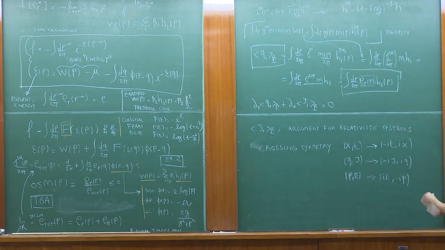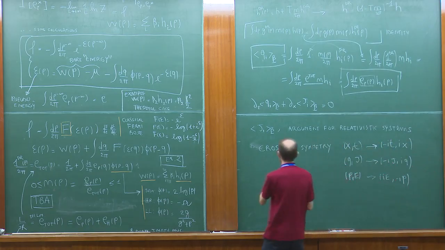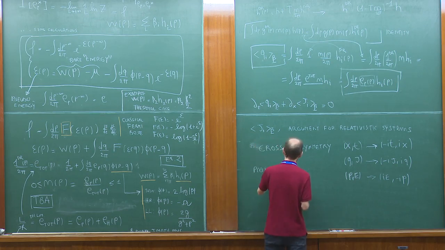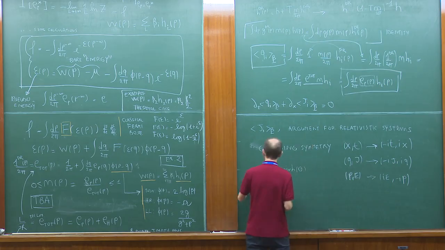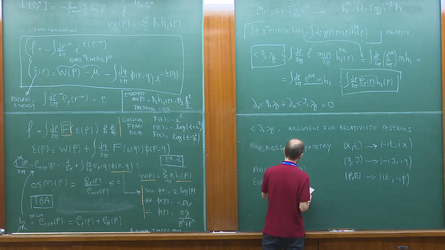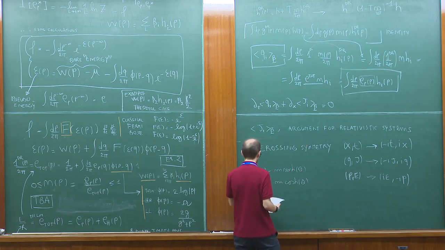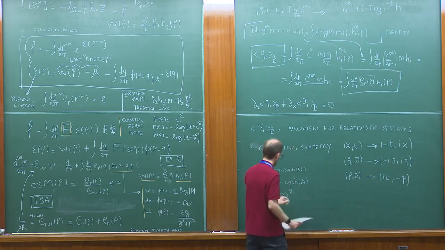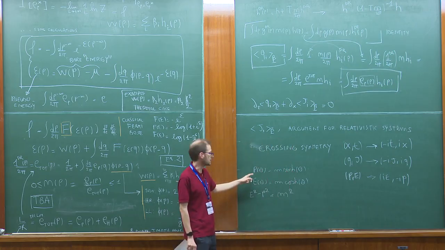It's different. For a relativistic system, for instance, you have a different parametrization. For instance, the momentum depends on the rapidity, something like that. For a relativistic system, these are the bare eigenvalues.